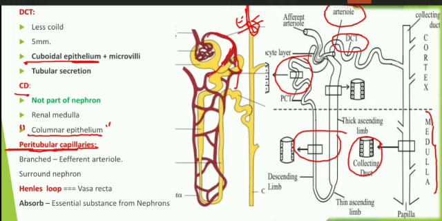These peritubular capillaries mainly receive RBCs, WBCs, and some of the proteins which are not filtered by the glomerulus. And they also actively participate in secretion as well as absorption.